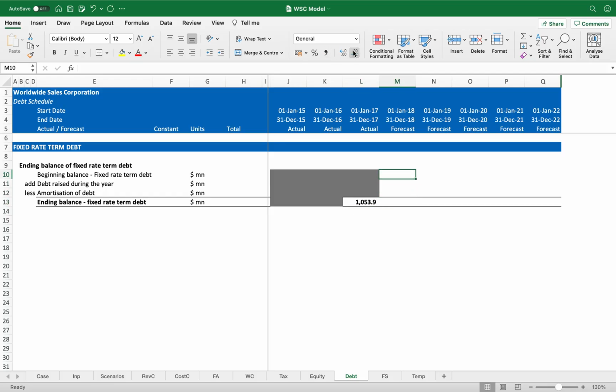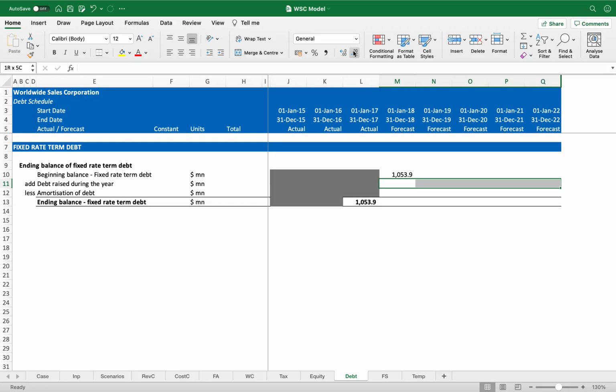So we have ending balance as on December 2017. Can we find out the opening balance as on January 18? Again, this is equal to the closing balance of previous year. So the closing balance of previous year becomes my opening balance this year, right?